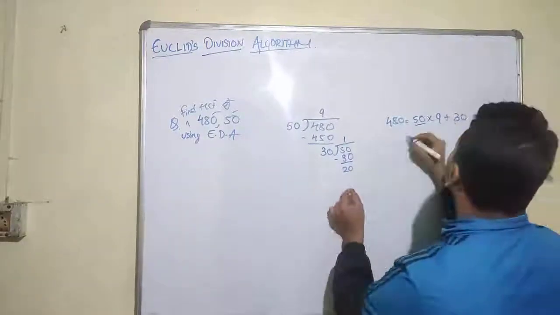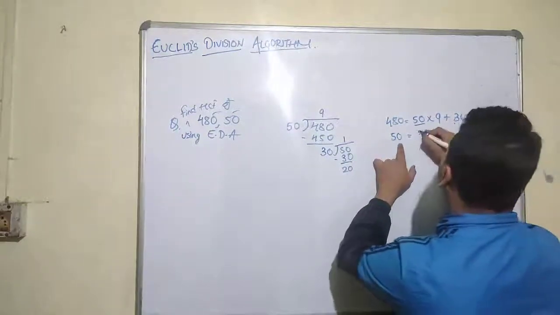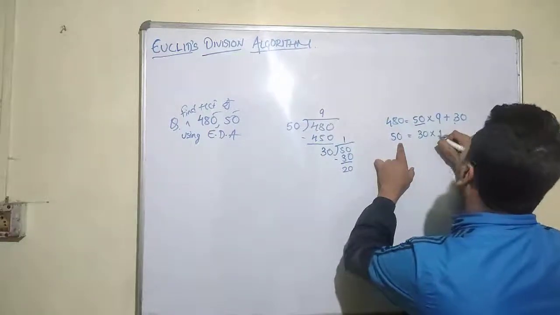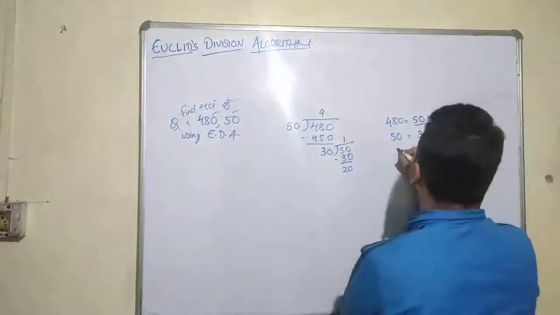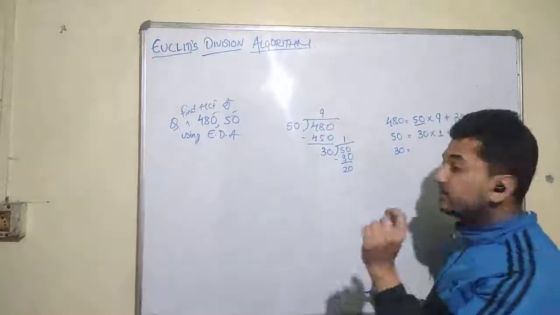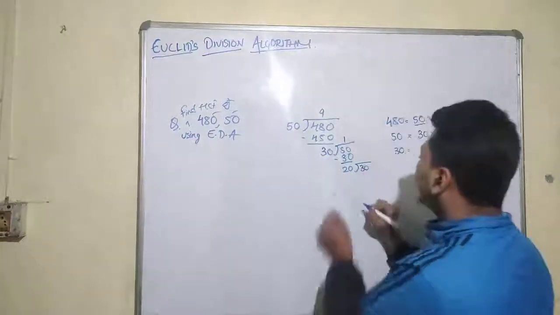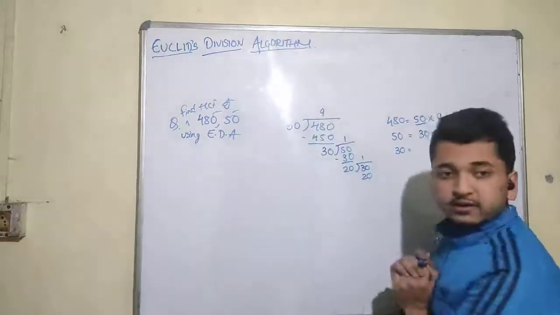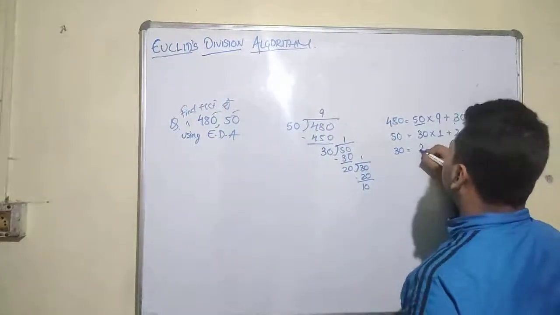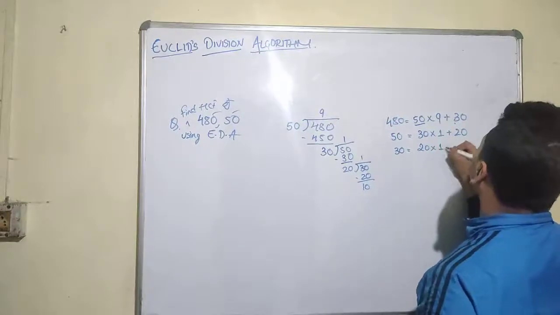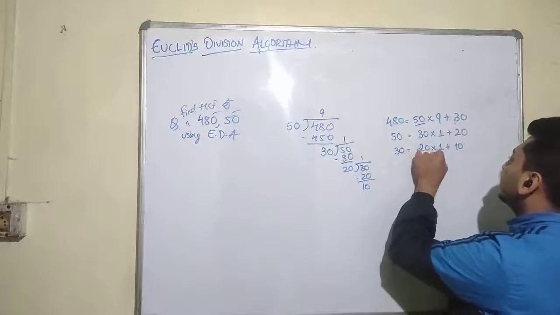Now the second step: 50 equals 30 into 1 plus 20. Next the dividend will be 30, and we divide by 20. 20 times 1 is 20, and again you have got 10. So 30 equals 20 into 1 plus 10.